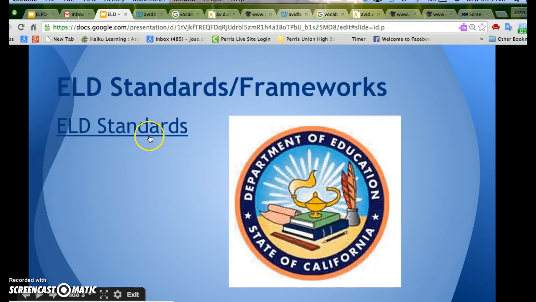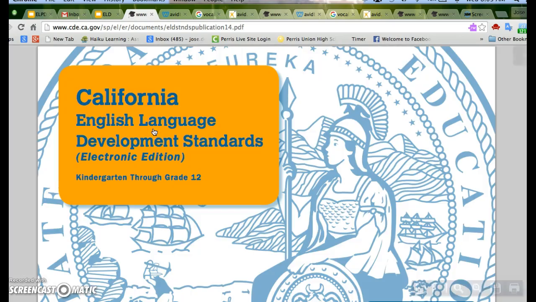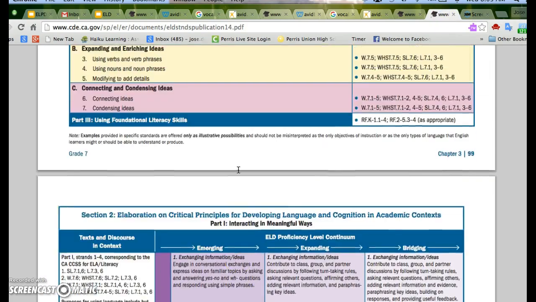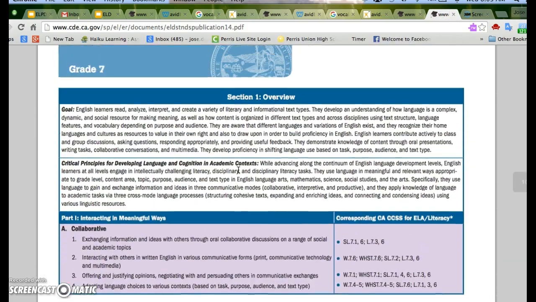ELD standards, yes, don't worry, we're not going to go over all of these. It's a very large document, but if you refer to it, here's the breakdown of your ELD standards.